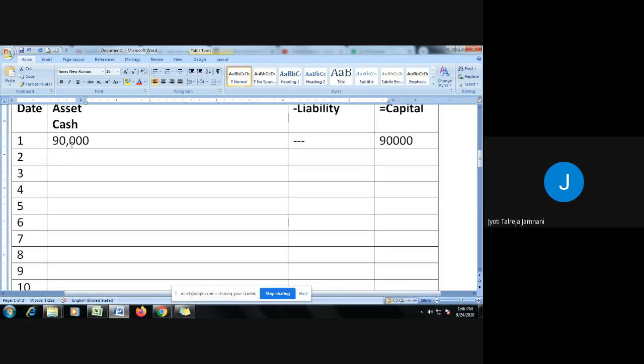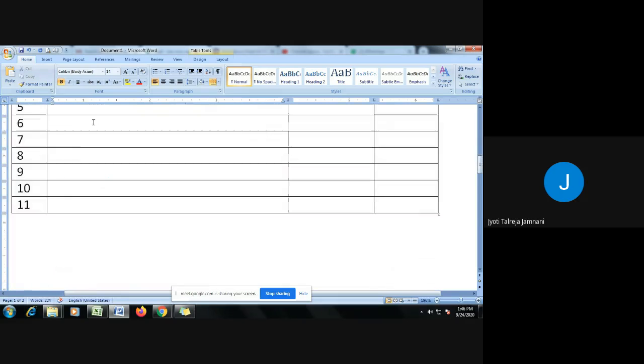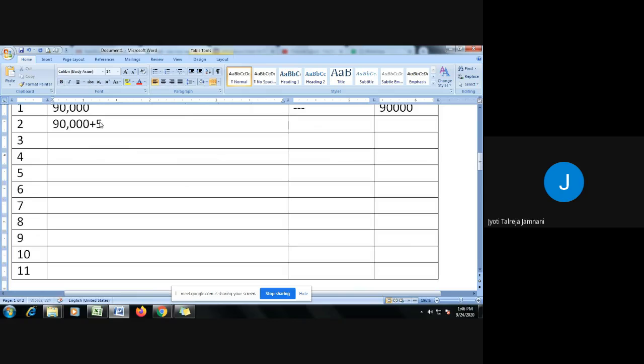So here nothing will happen to cash. It remains as it is because we are not paying cash. Plus a new asset got added, that is purchases. So I'll write here plus purchase. Okay, and the amount is 50,000 rupees. So 90,000 plus 50,000.